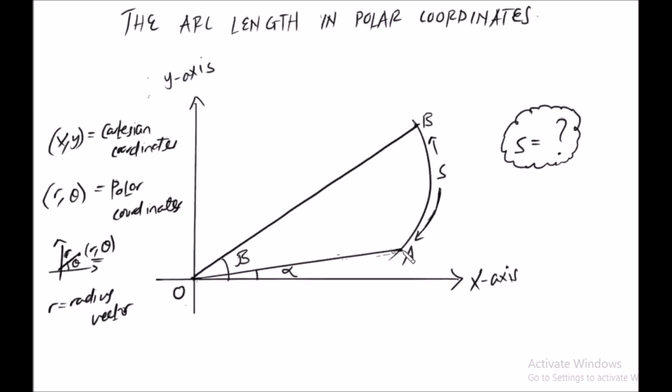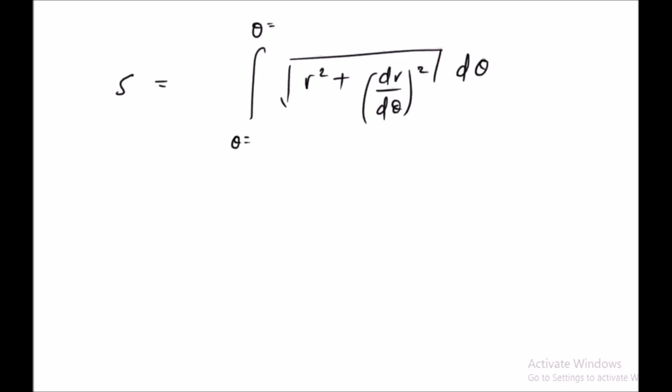So you can see A ilikuwa at theta is equal to alpha, alafu B ilikuwa at theta equals to beta. Kwa hiyo sasa itakuwa ni from theta equals alpha mpaka theta equals beta.